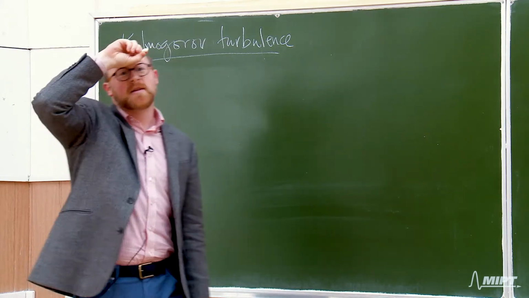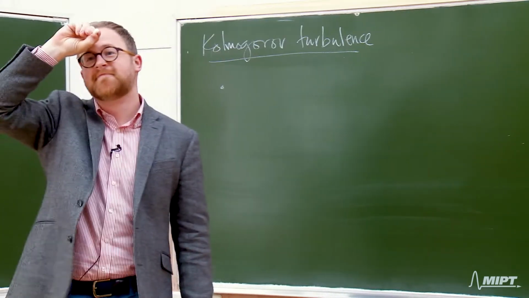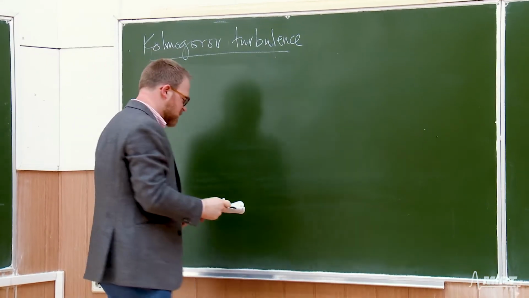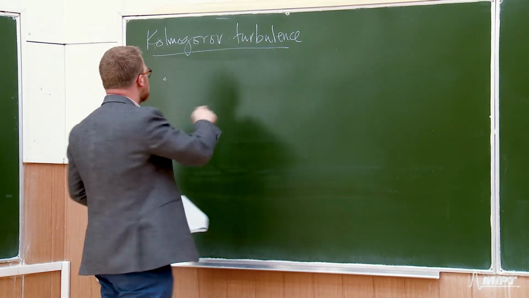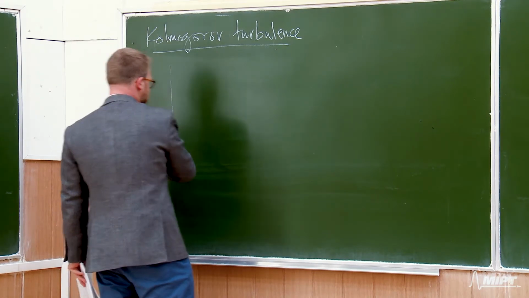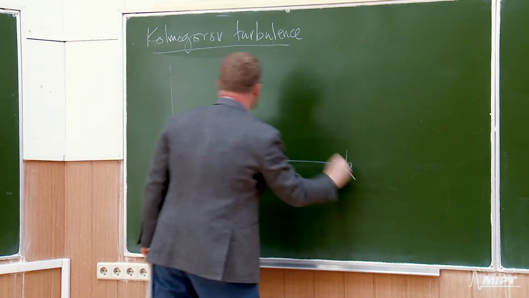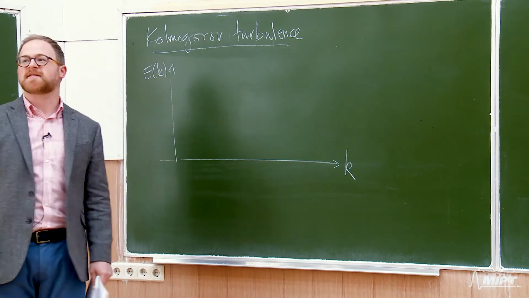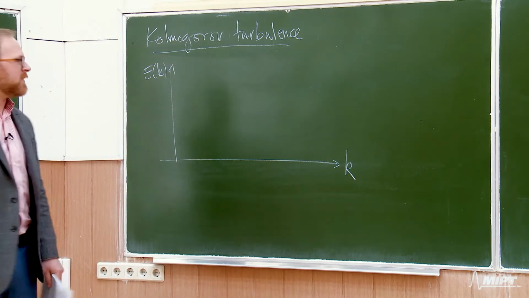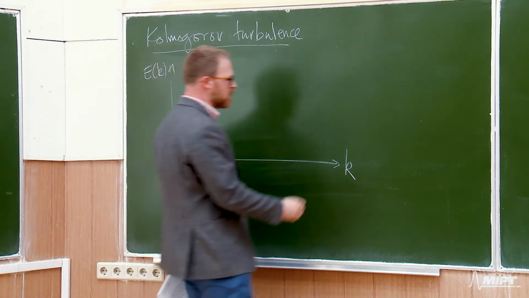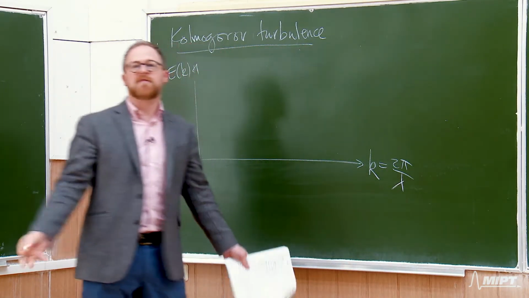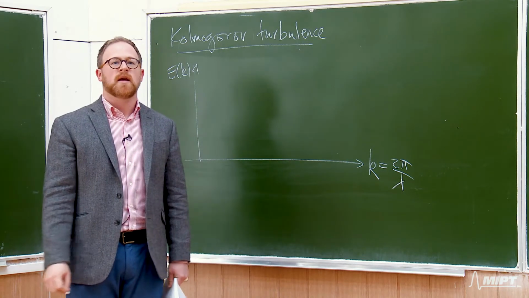So like I said, it's very simple in retrospect. It's just dimensional analysis. The idea is that turbulence takes place in this plane. And the idea is that here's some wave number, just 2 pi over some scale of some fluctuation that you're interested in.